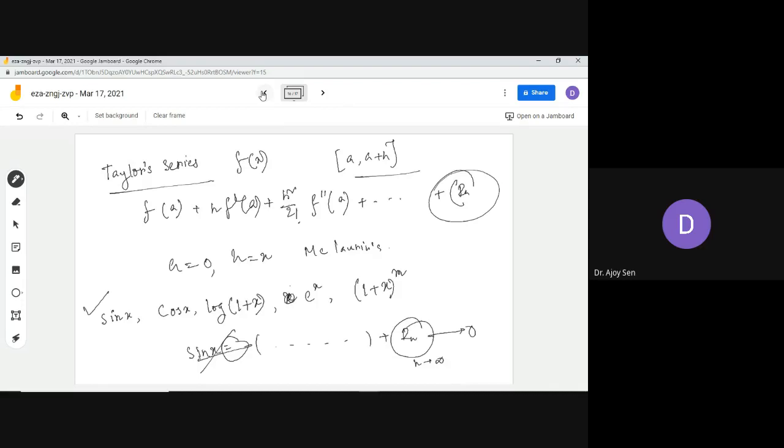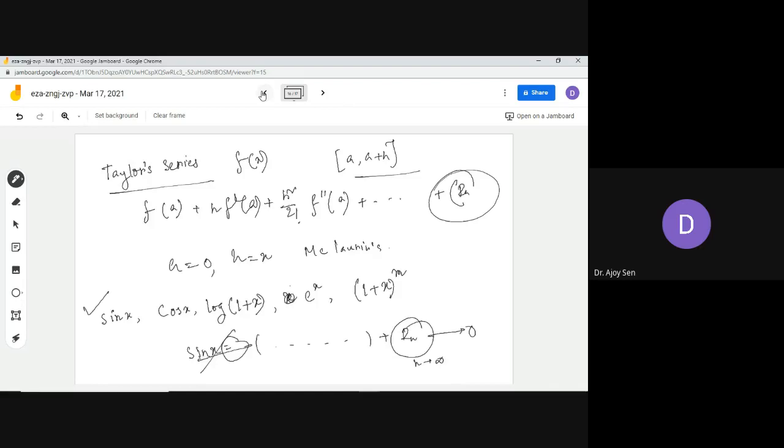So Taylor series may not converge to the function. In that case, the function is not equal to the Taylor series. So Taylor series is a different idea. It is a series, and it has nothing to do with the function, but it has to do with the function if it satisfies some criteria.